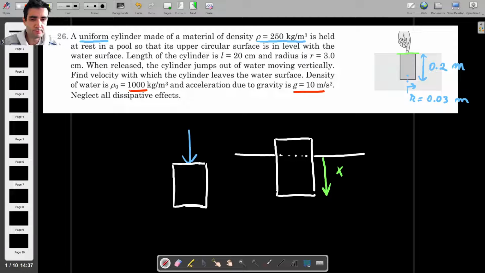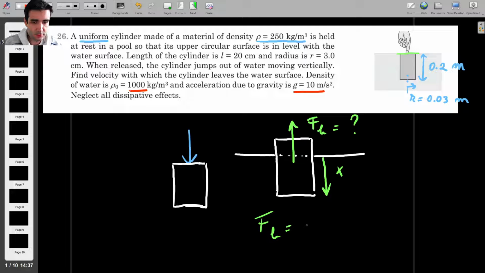What I would like to do is find the upthrust. In other words, what's the FB here? The FB, as usual, is the weight of the displaced liquid, which is the density multiplied by the volume of the displaced liquid multiplied by g.